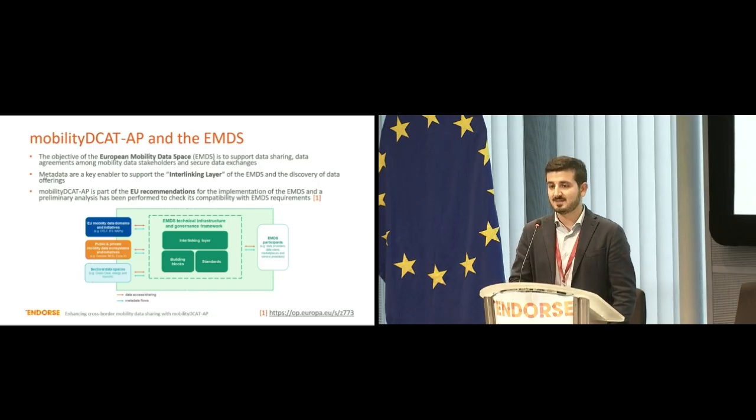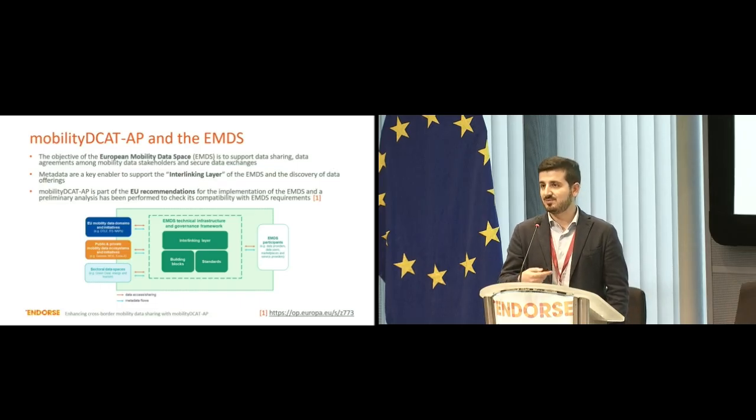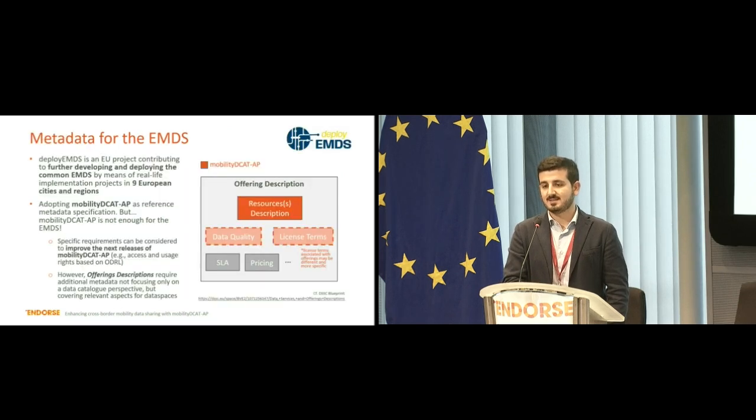Now I would like to conclude this presentation talking a little bit about how mobilityDCAT-AP could support the European mobility data space. In the European mobility data space, there is this concept of an interlinking layer that helps in the discovery of data offerings to improve data sharing within the data space. And mobilityDCAT-AP is part of the European recommendation. There is also already a report that analyzes how mobilityDCAT-AP could support the European mobility data space.